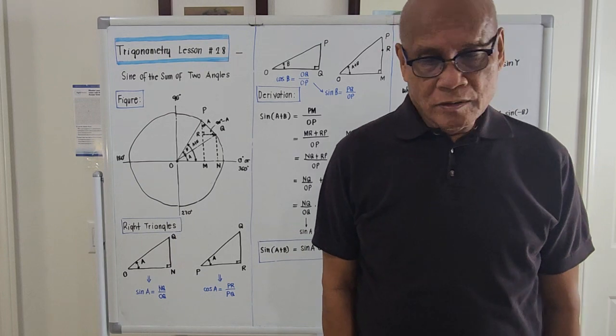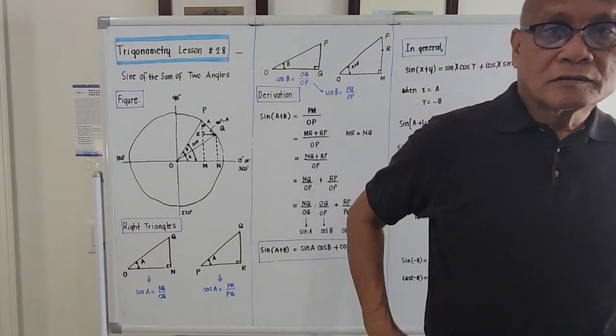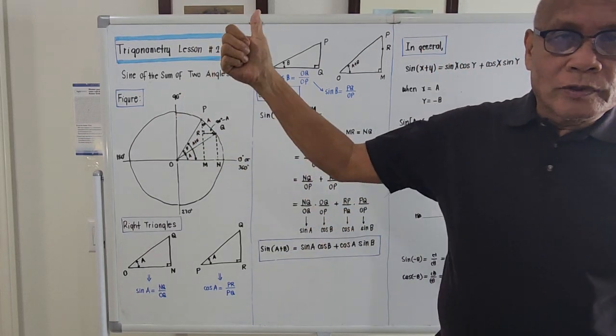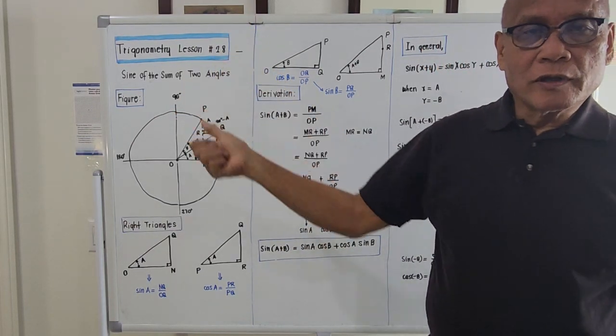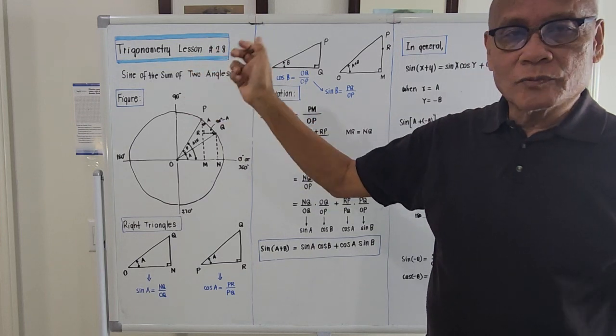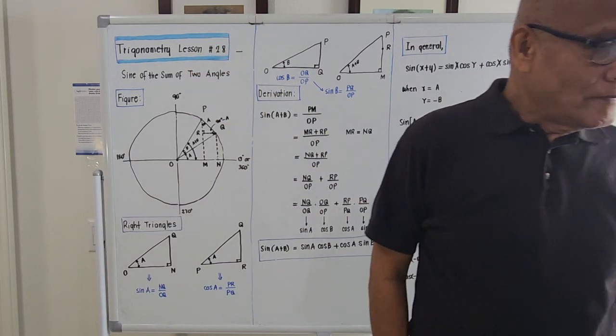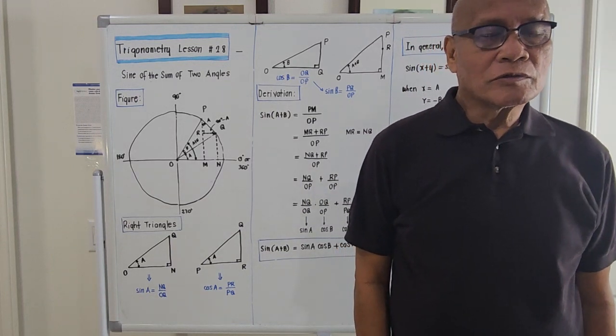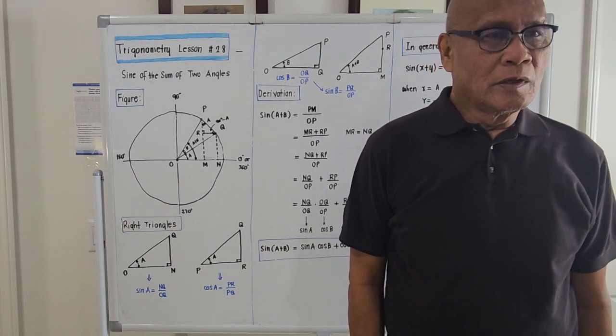My topic for tonight will be trigonometry, lesson number 28, and the title of the topic is Sine of the Sum of Two Angles. The topic for tonight will be one of the foundations of trigonometry.